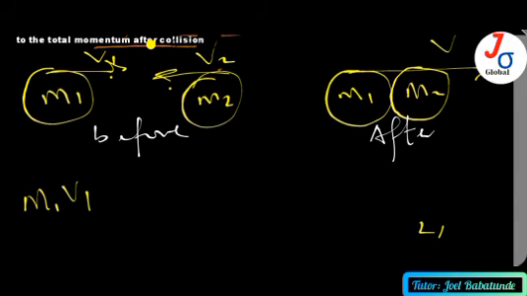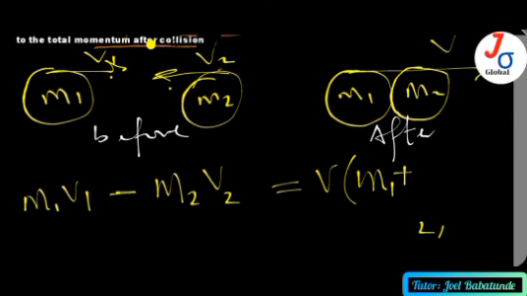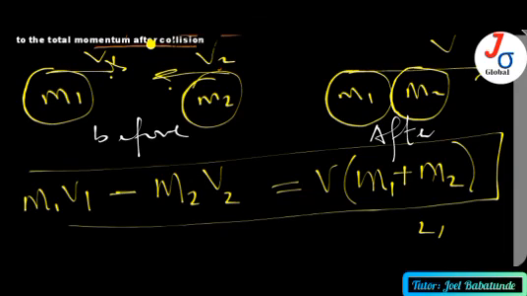Now, because they are in opposite directions, this one is going to be negative, M2 V2, because this is moving in the opposite direction to that. And that equals V into M1 plus M2. So that's basically the formula.